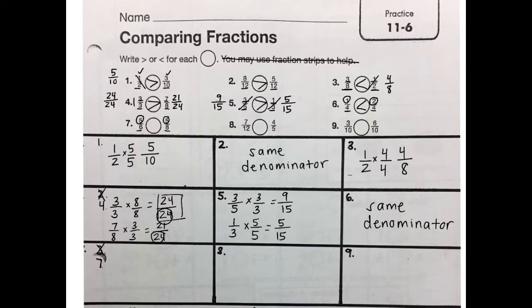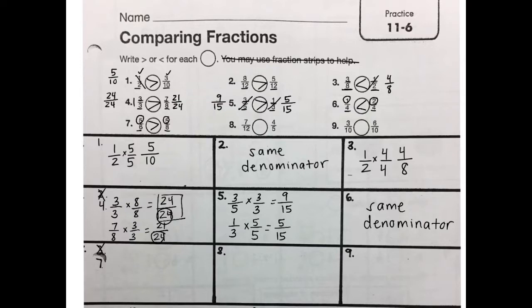So, would I rather have a pizza that is cut up into 6 slices and have 5 of those pieces, or have a pizza that is cut up into 8 slices and have 5 of those pieces? I'm going to want my slices to be bigger. So that means 5/6 is going to be bigger.